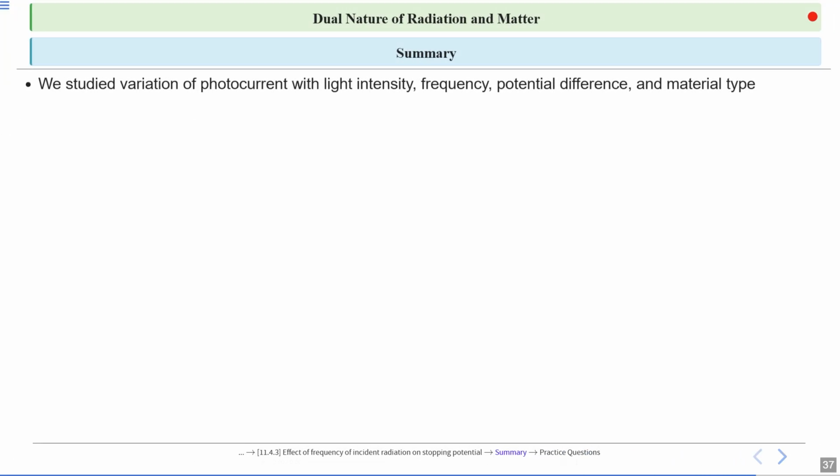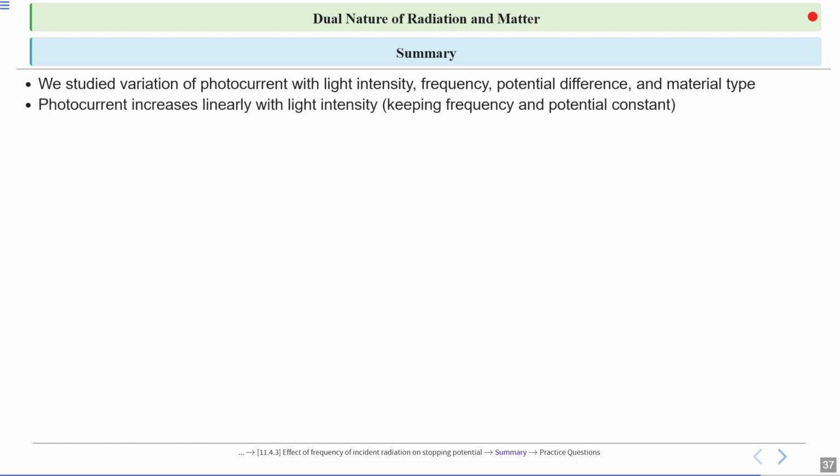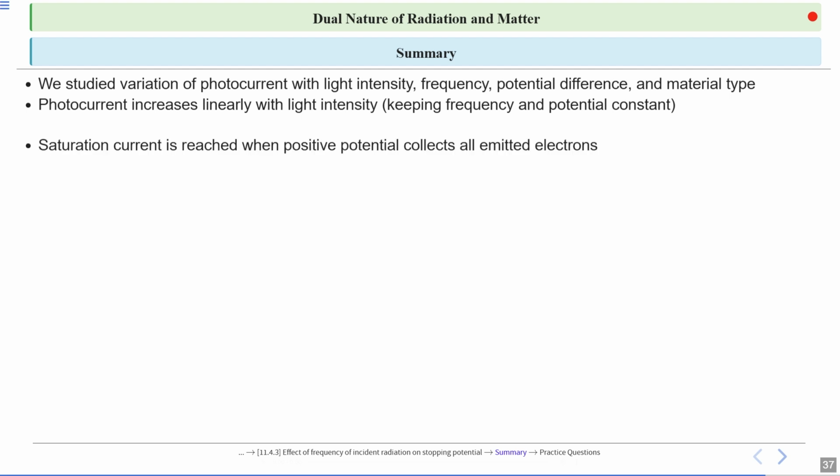Now let's summarize what we have studied so far in this lecture. We studied the variation of the photocurrent with light intensity, frequency, potential difference, and material type. Photocurrent increases linearly with light intensity, keeping frequency and potential constant. Saturation current is reached when positive potential collects all emitted electrons.